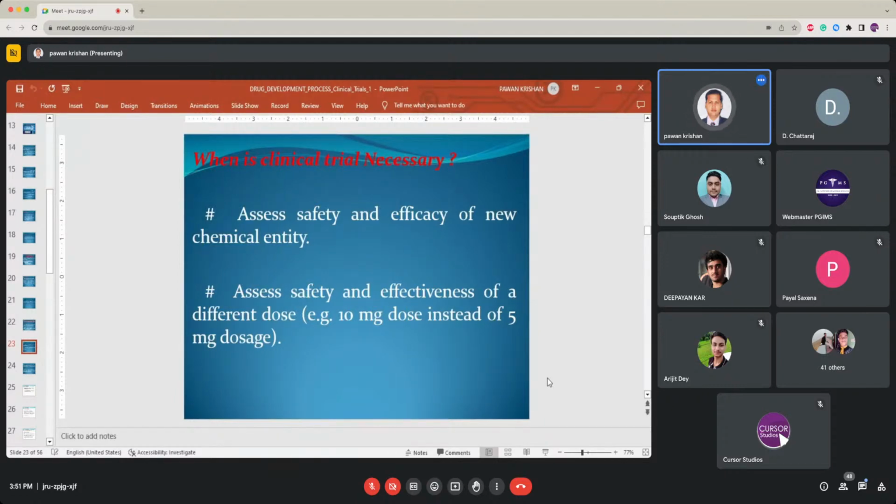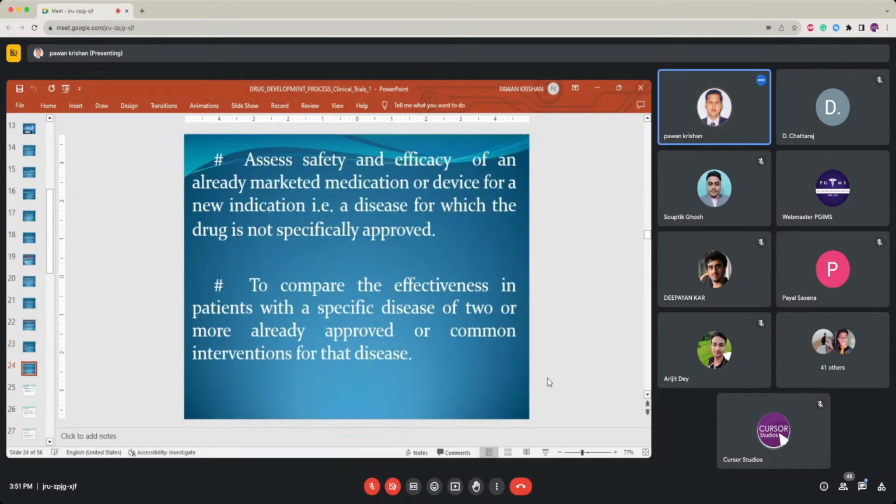If there is an already existing drug in the market, but you want to alter the dose for a new disease, then again you have to carry out a clinical trial on the different dose and establish the safety and efficacy, and then get permission for marketing the drug in a low or high dose as per the requirements or the study.